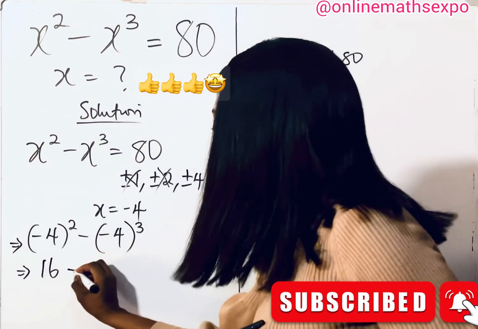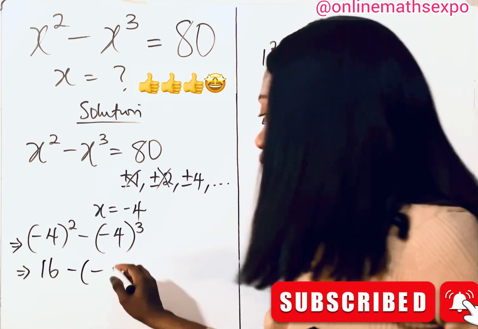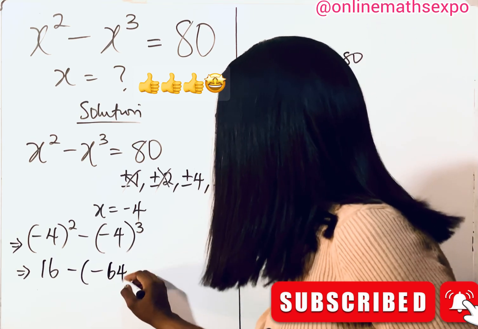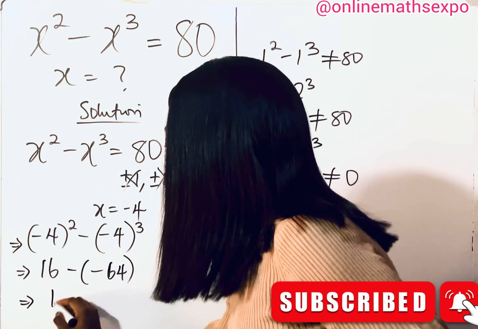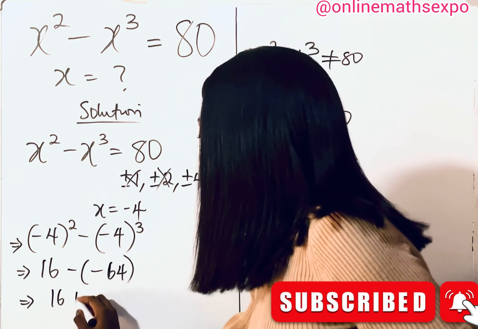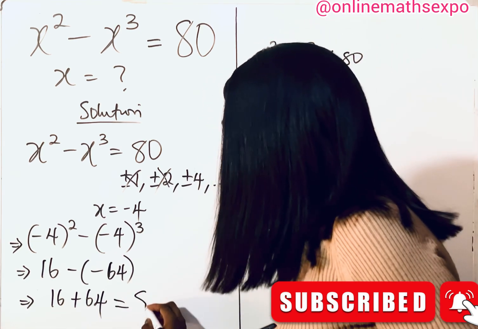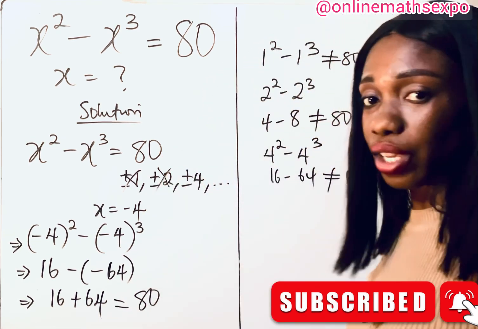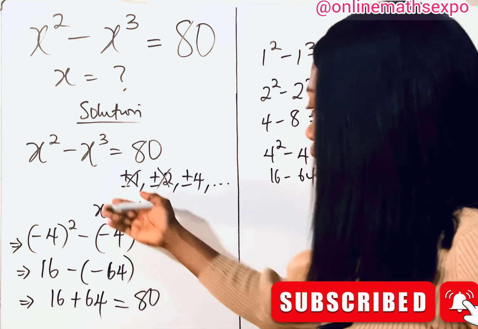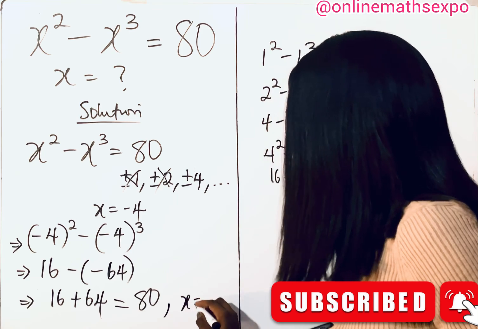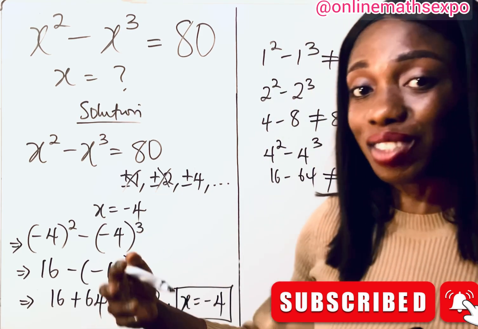So here we're going to have negative of 4 multiplied 3 times to give us 64. I hope you're with me there. Now, if you simplify this, we are going to have 16. Multiply this, it gives us positive 64. If you add this up, it is equal to 80, which is what we have here. Is that amazing? Now, what it means is that x being negative 4 is a solution. So we have been able to get one of the solutions.